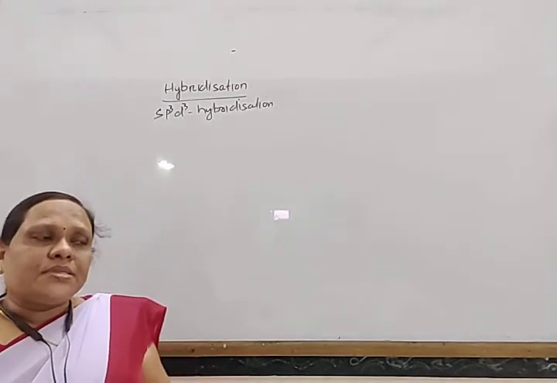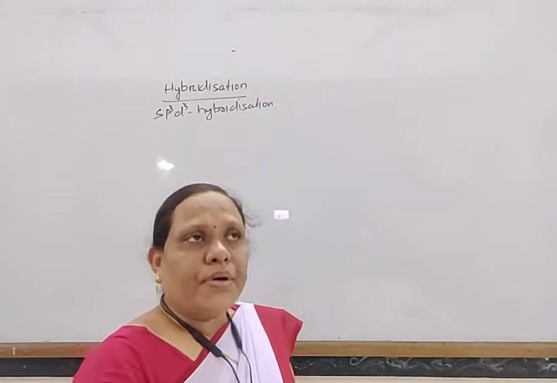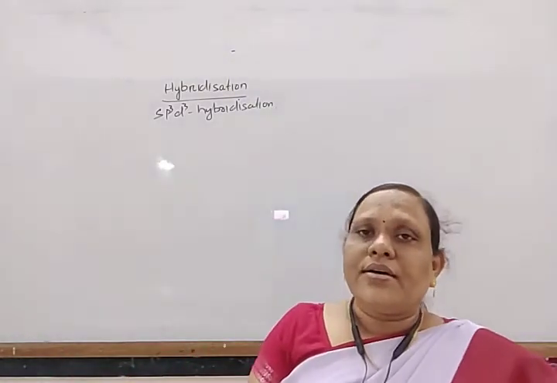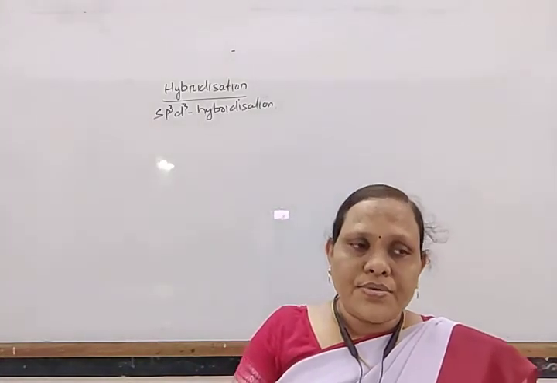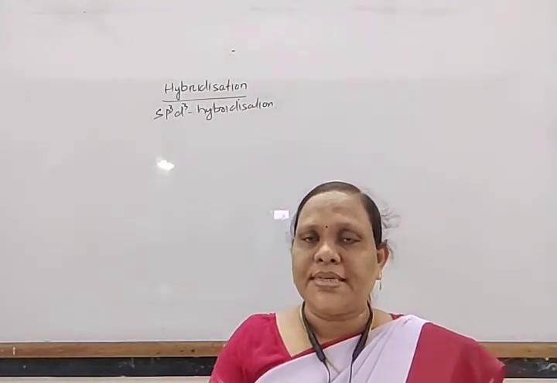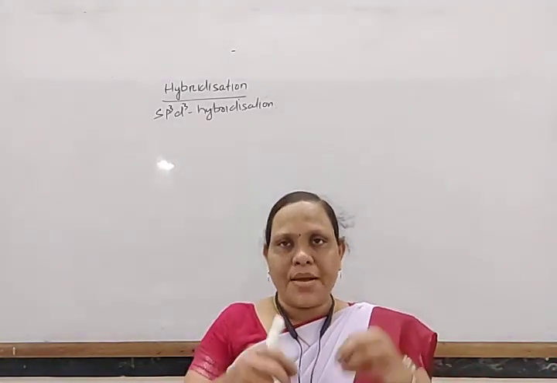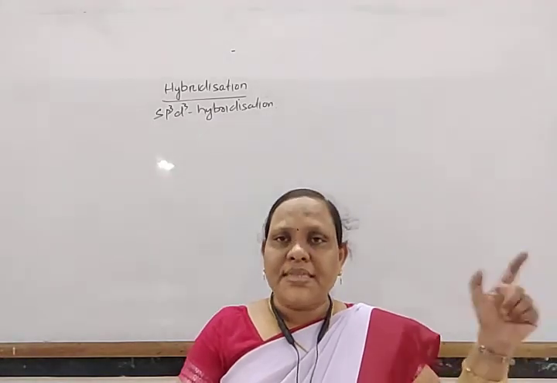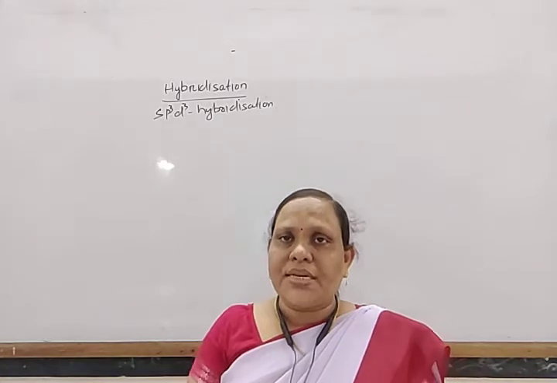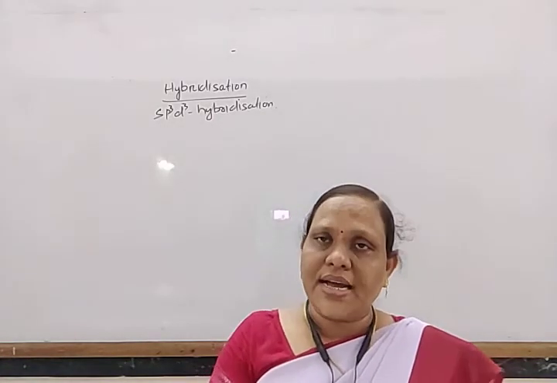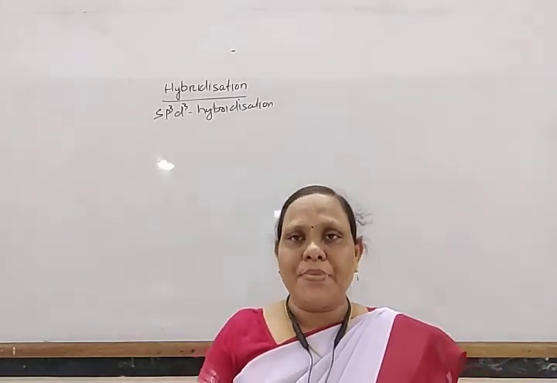All 7 have equivalent shape and energy, and they are directed in space so as to give a pentagonal bipyramidal structure. So sp3d gives a trigonal bipyramidal structure, sp3d2 gives a square bipyramidal octahedral structure, and sp3d3 gives a pentagonal bipyramidal structure.